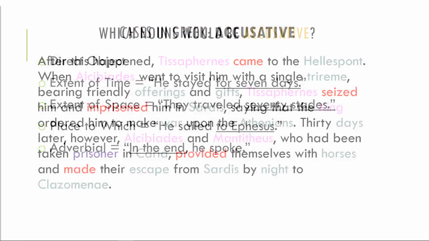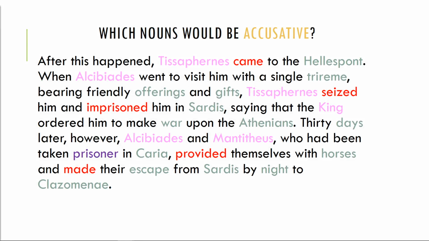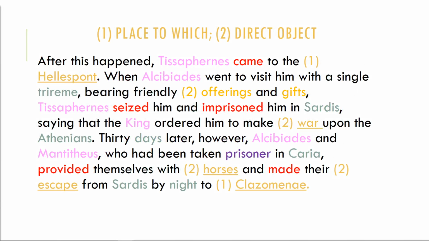So looking at the accusatives in this passage, which ones do you think would be in the accusative? Well, the Hellespont, because you come to the Hellespont, you can't come without there being a place to which you are coming. You're carrying or bearing offerings and gifts. So those are direct objects.